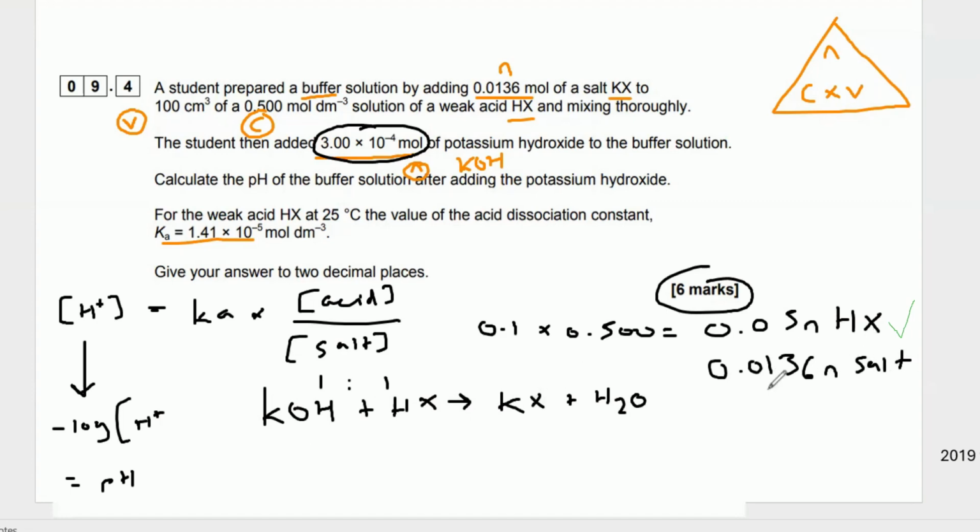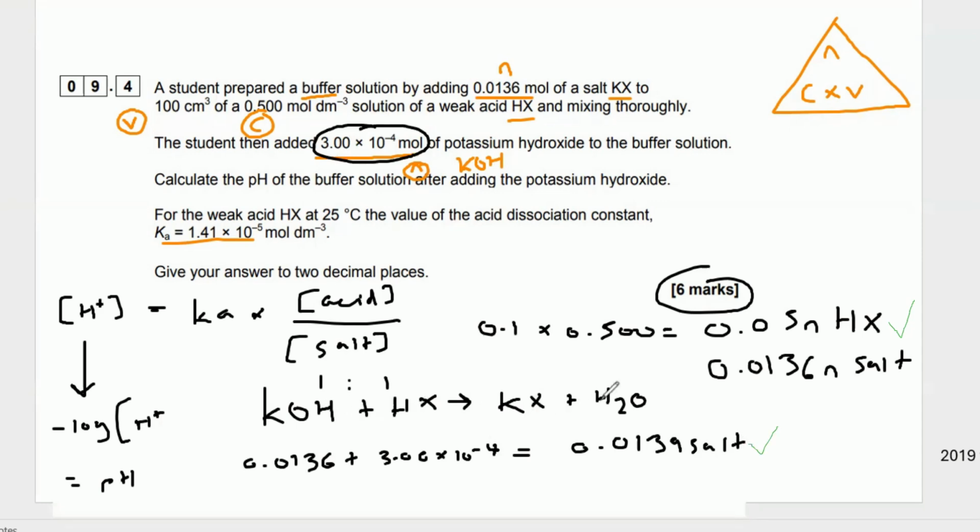We're going to go 0.0136 plus 3.00 times 10 to the minus 4. So that's actually going to increase our amount of salt, and our salt is going to go up to 0.0139, and so the salt has actually increased. But what's happened to the acid?